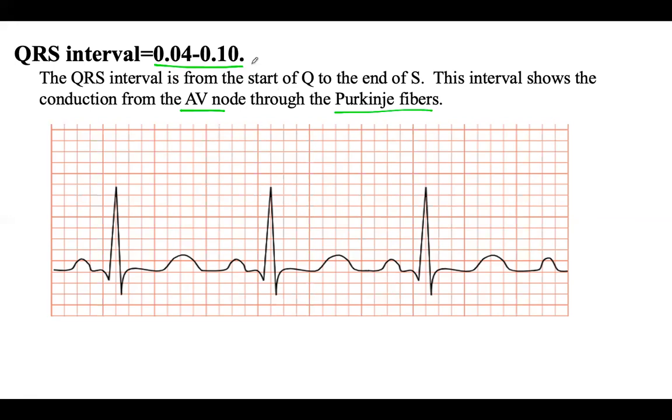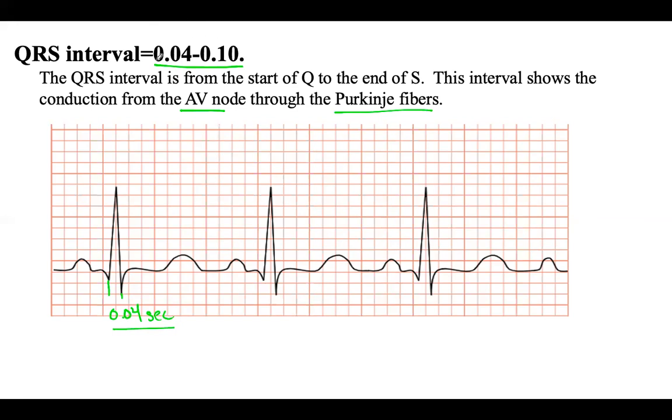So what does that imply in terms of looking at our picture? I'm going to start from the beginning of the QRS to the end of the QRS. To me, this is half a small box on this side and half a small box on this side, which gives me a 0.04 second time. Is that an acceptable number?